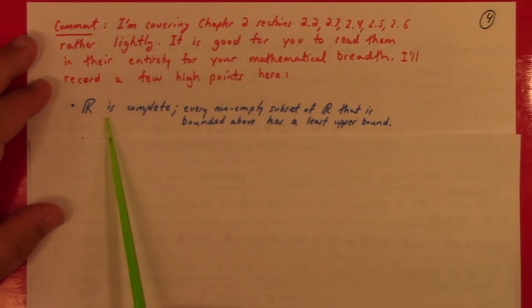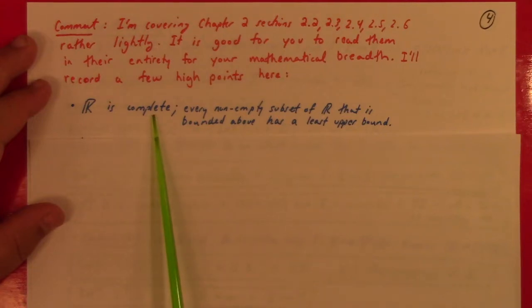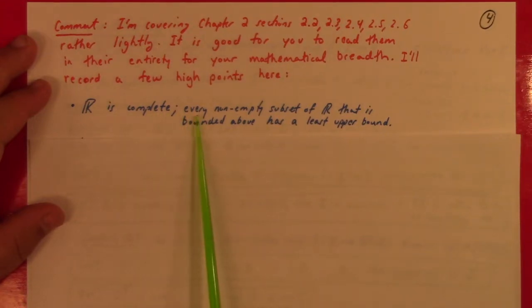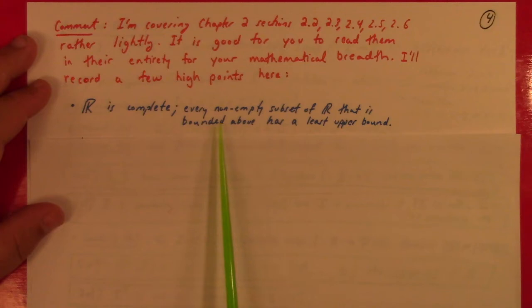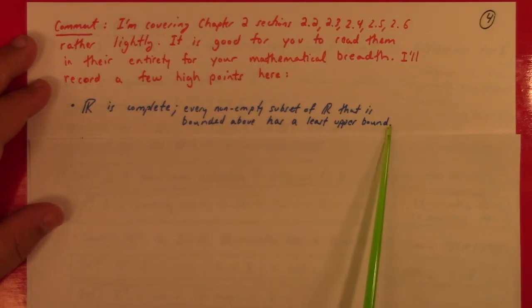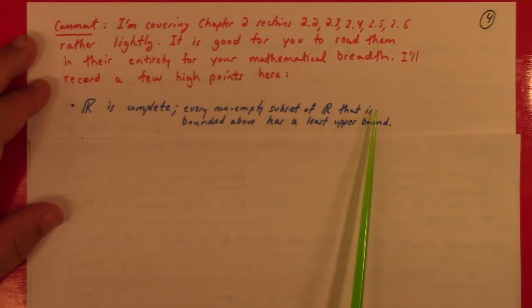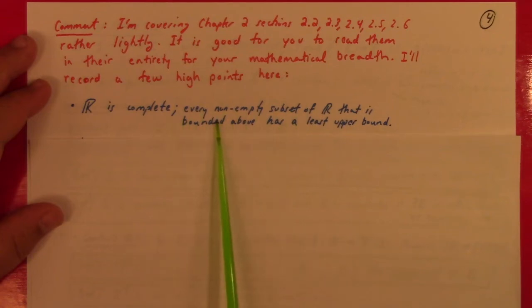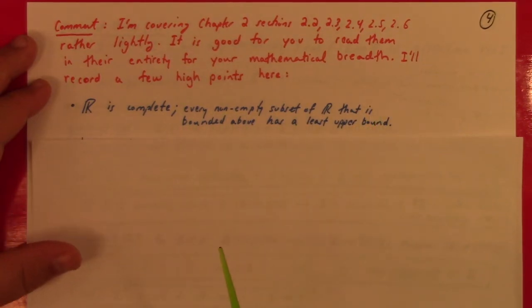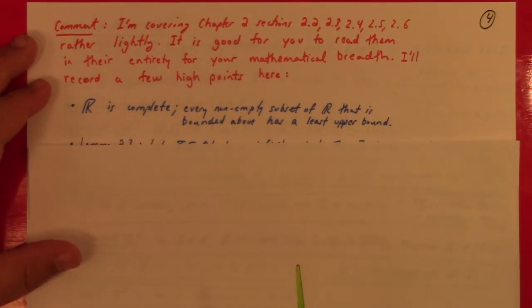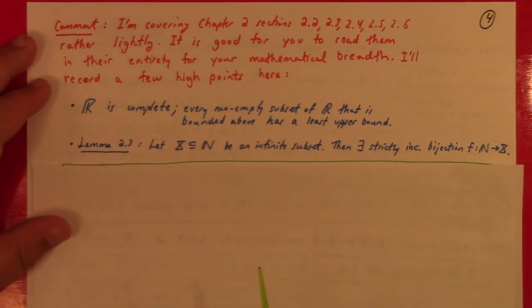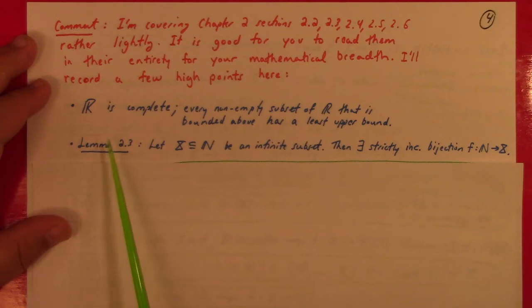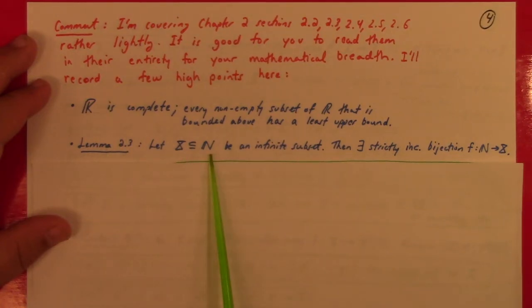Number 1, R is complete, and the way to characterize that is that every non-empty subset of R that is bounded above has a least upper bound. I think I actually ended up using that in the next lecture in an example, weirdly enough. Lemma 2.3 is actually before that, but I got it out of order. Let X be an infinite subset of the natural numbers.